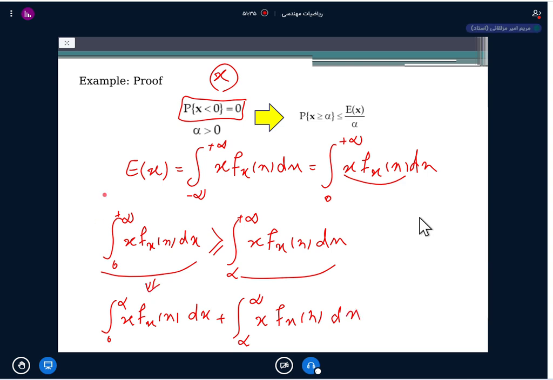I just write this equation from 0 to positive infinity, from 0 to alpha, and from alpha to positive infinity. This integral is equal to this summation, and this term is greater than or equal to 0. So this integral, the summation of these two integrals, is larger than this integral, which is this term.